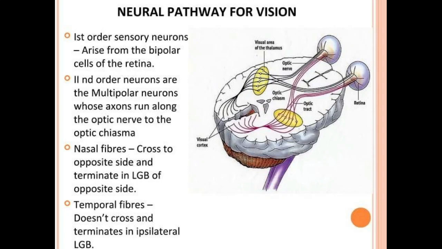From the optic tract, the fibers travel to the lateral geniculate nucleus and then on to the visual cortex in the occipital lobe.